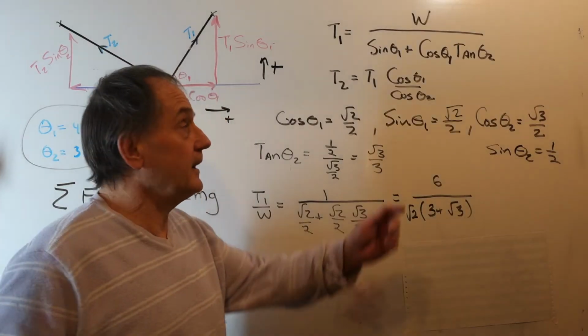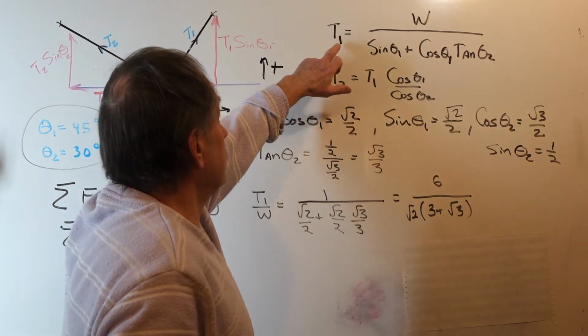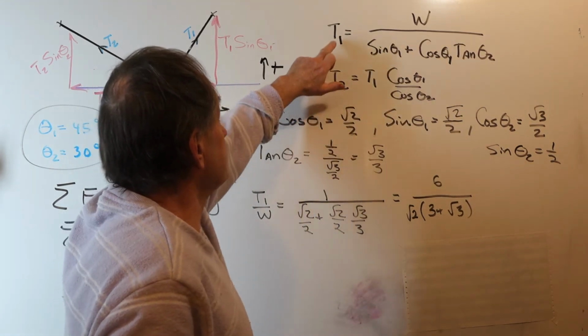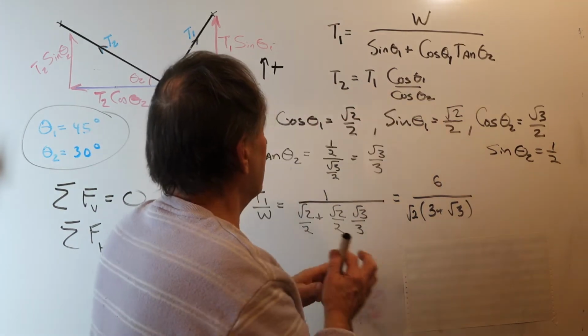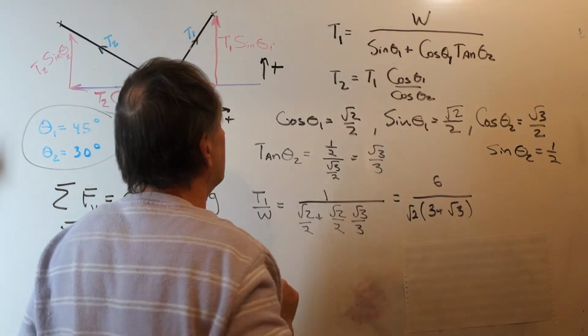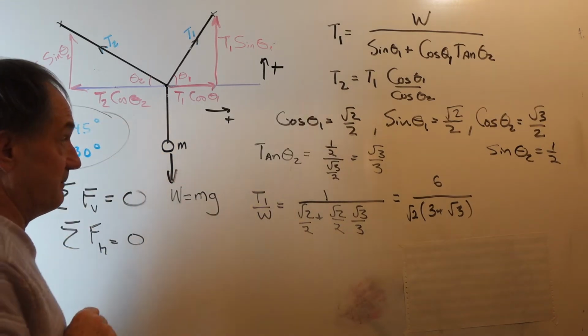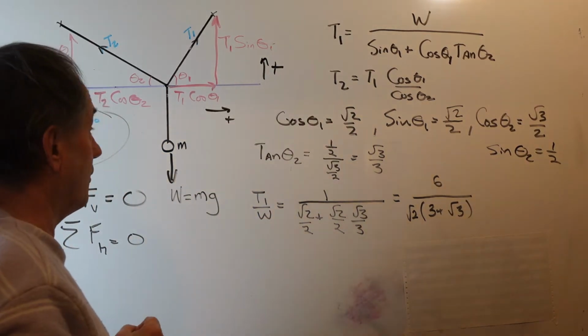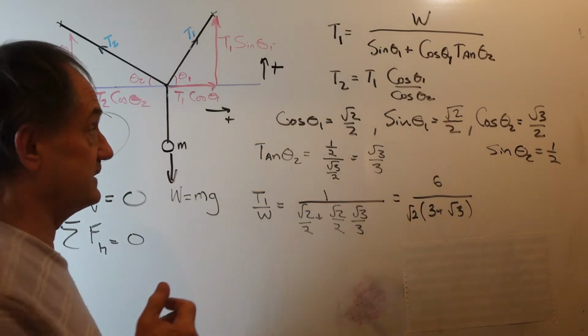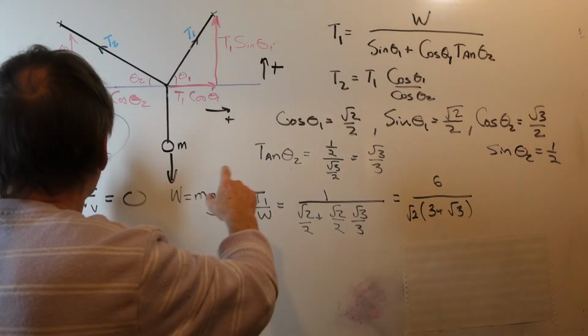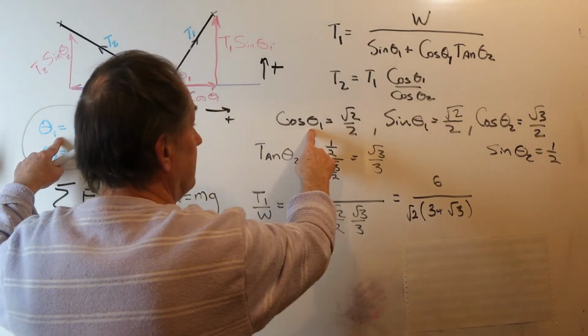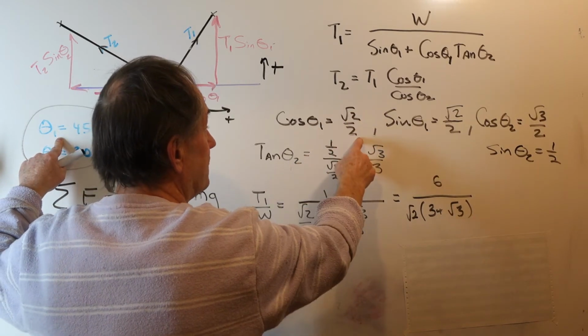I have now written the equations for the tension in the lines T1 and T2 that we just derived. For these particular angles, these are very special angles that I picked so that we can write out the sines and cosines and tangents exactly. The cosine of theta 1, cosine 45 degrees, is square root of 2 over 2.